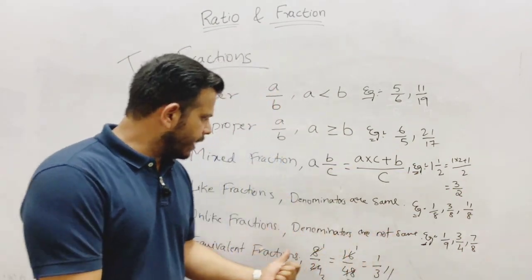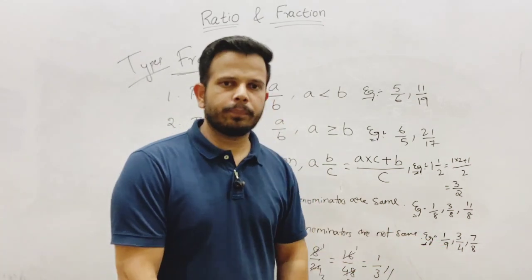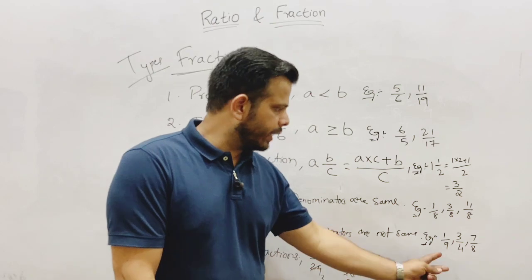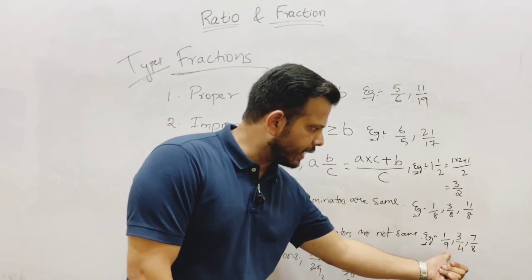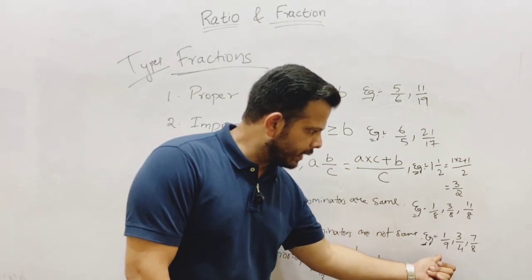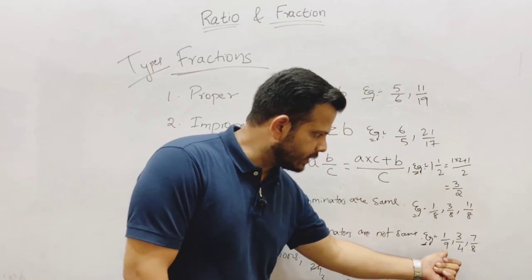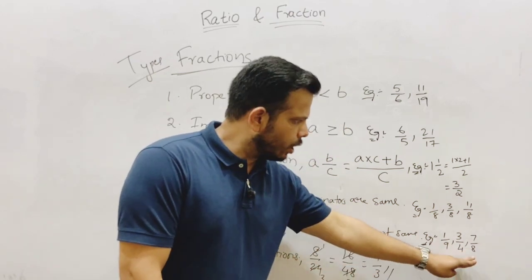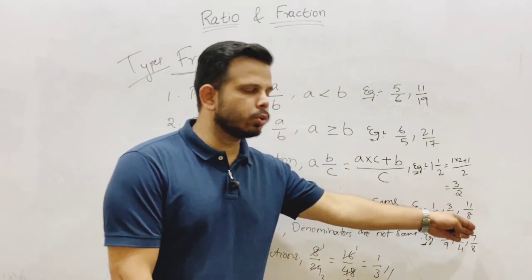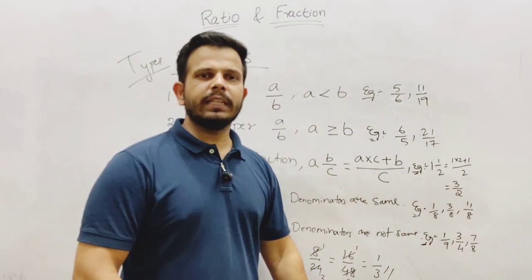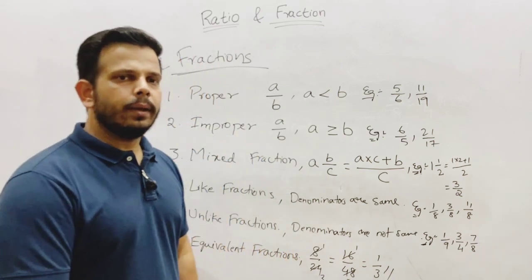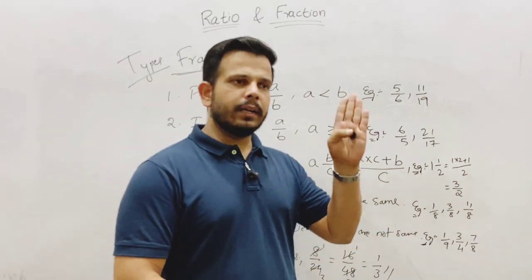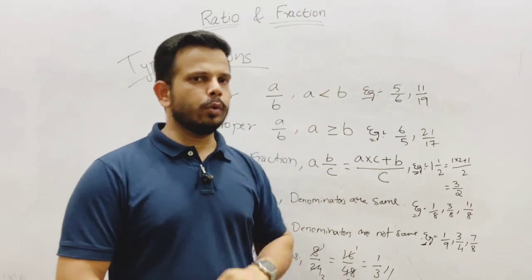But in unlike fractions, you can't directly add numerators and denominators. You have to take a common denominator. What is common for 9 and 4? If you want to take the LCM for all of this, you have to take the LCM for 9, 4, 8. Then you multiply the respective numbers to the numerators, and you go for the addition or subtraction. Multiplication of fractions is directly numerator into numerator, denominator into denominator.